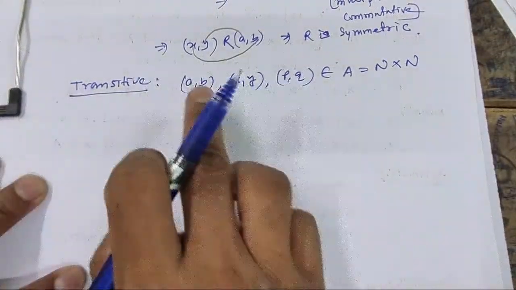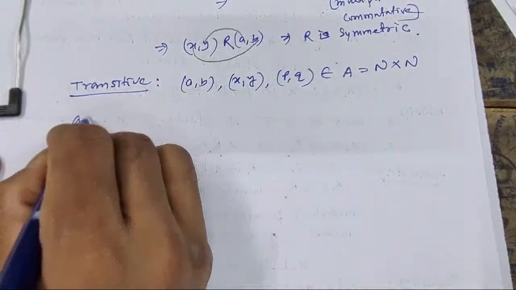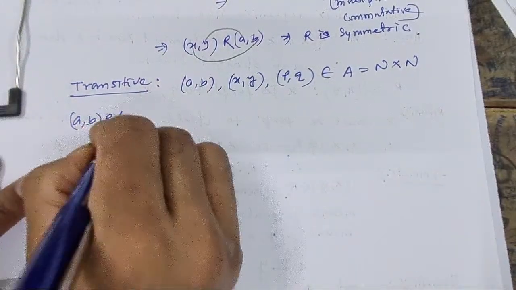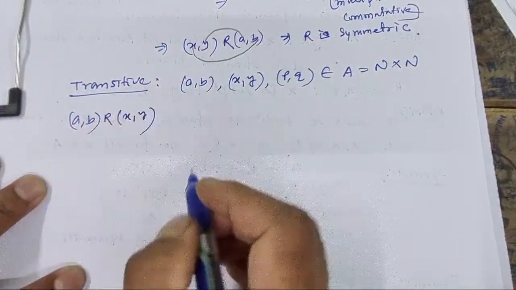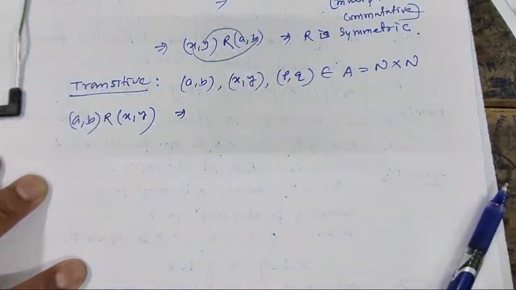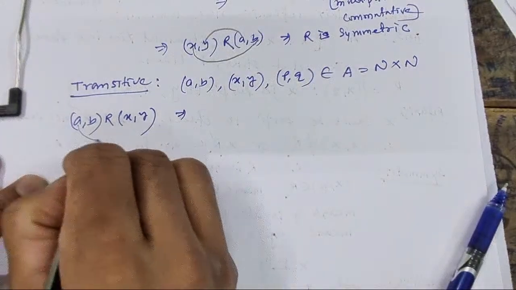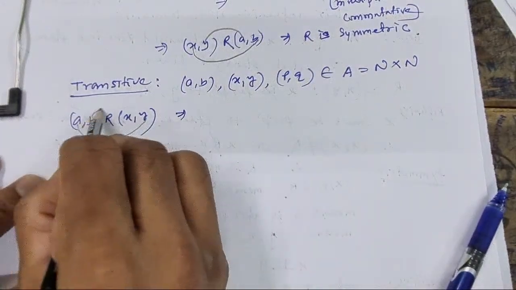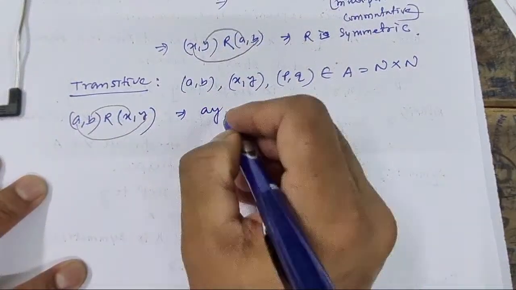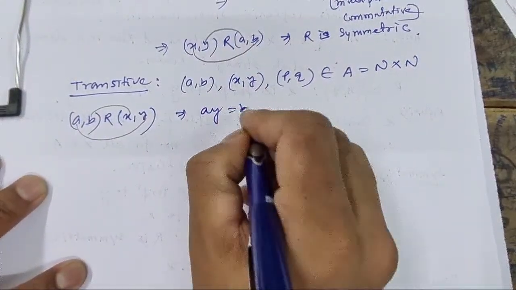So now if I take two cases, (a, b) R (x, y), that implies first, last, second, first, that is ay equals bx.